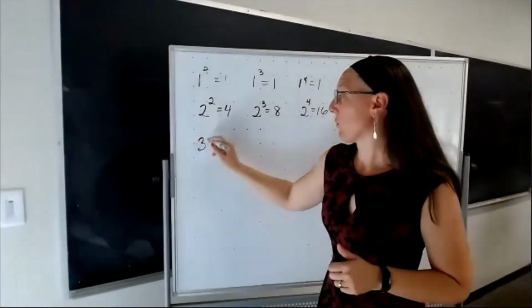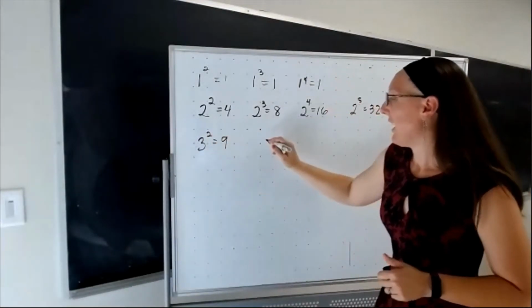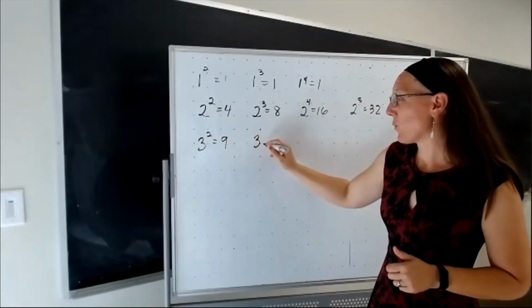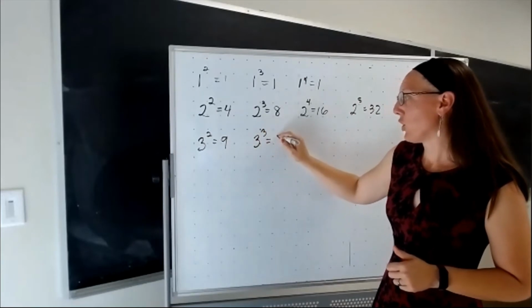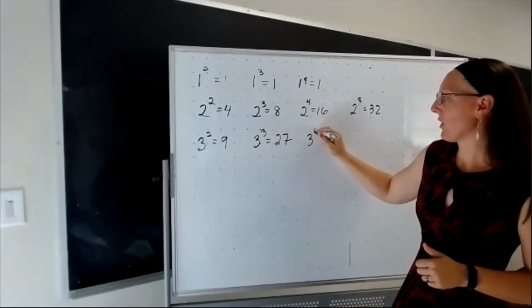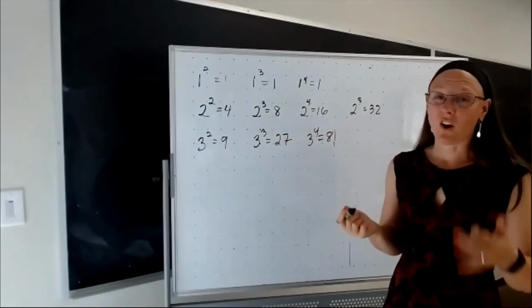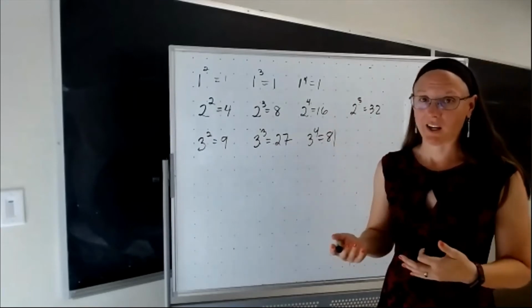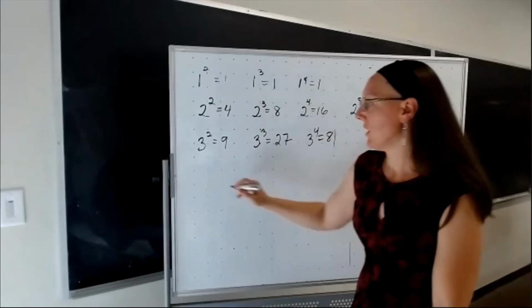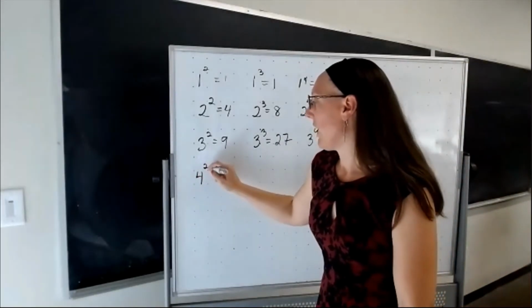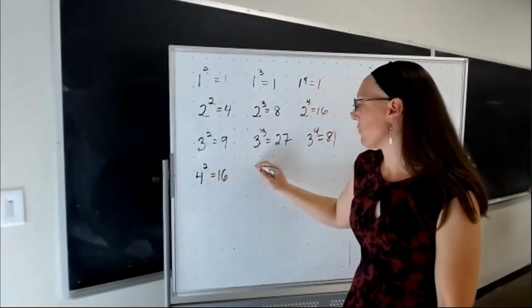For powers of 3, I think you ought to be able to do 3 squared, 3 cubed, and 3 to the 4th, because all of those numbers come up a lot in textbook problems. For 4s, I want us to be able to get to 4 cubed.